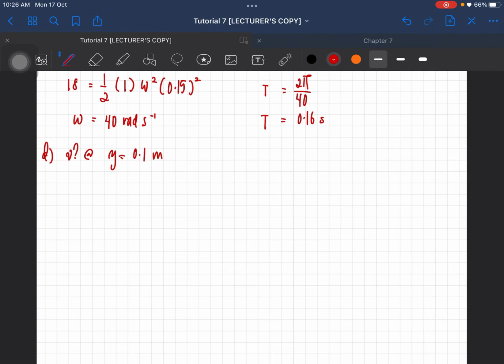You can apply the equation of v equals omega times the square root of A squared minus y squared. We could directly use that, so that gives you 40. A is 0.15.